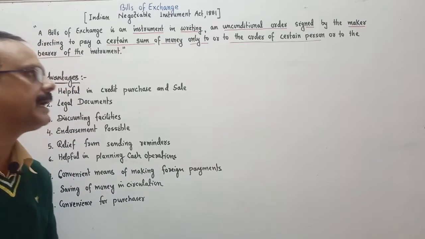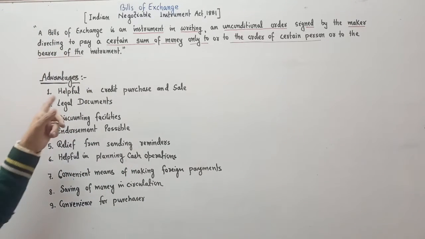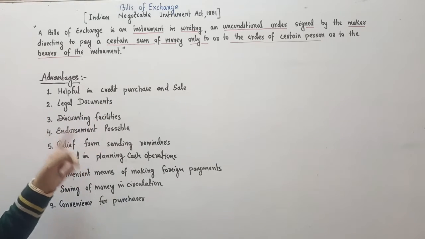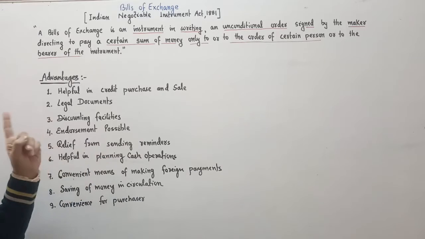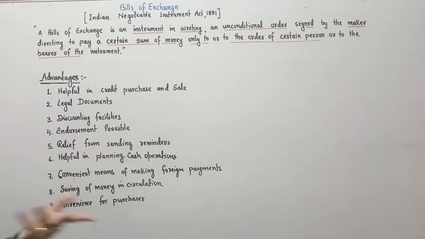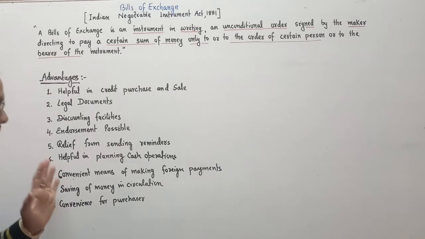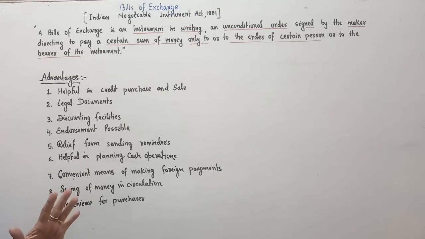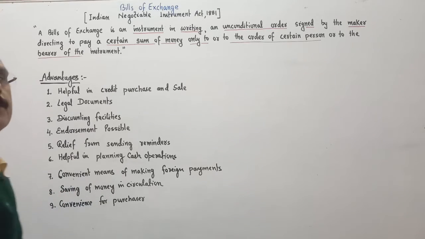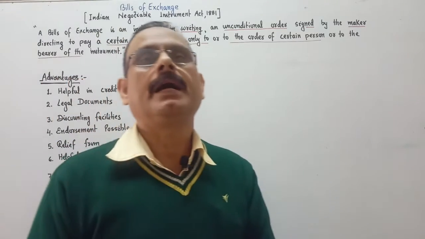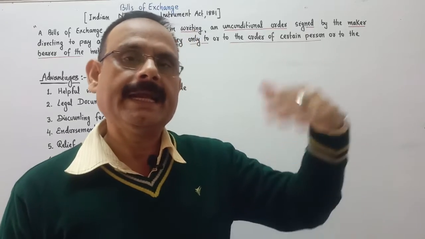So these are the advantages or benefits: helpful in credit purchase and sale, legal document, discounting facilities, endorsement possible, relief from sending reminders again and again, helpful in cash operation of the business, convenient means of making foreign payments, saving of money in circulation, reducing the wear and tear of money, and convenience for the purchaser to purchase more quantity and pay in the later period.